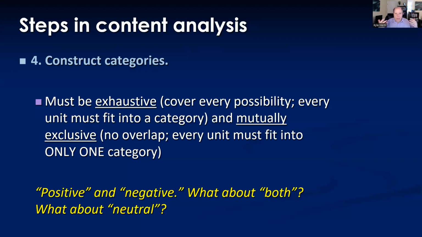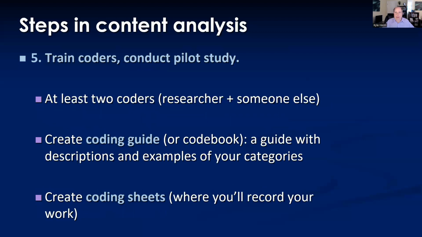So maybe we need a neutral category. See, this is where content analysis becomes a challenge, because you've got to make sure that your categories will cover every possibility, that they're exhaustive, and that there is no overlap between them, that they are mutually exclusive. Once you've settled on your unit of analysis and your categories, it's time to actually start doing some coding.